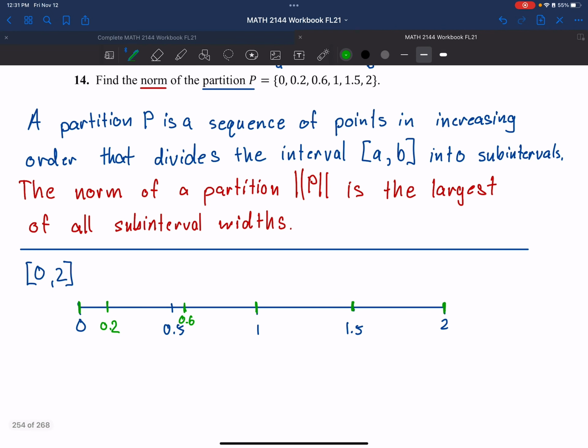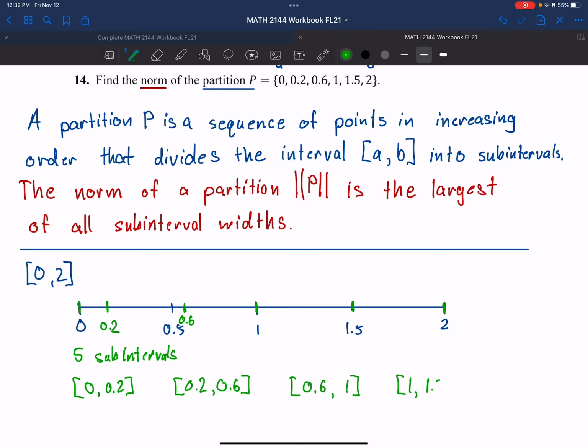Notice we have 5 subintervals, namely 0 to 0.2, then 0.2 to 0.6, then 0.6 to 1, then 1 to 1.5, and then 1.5 to 2.